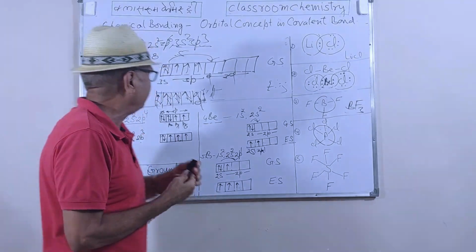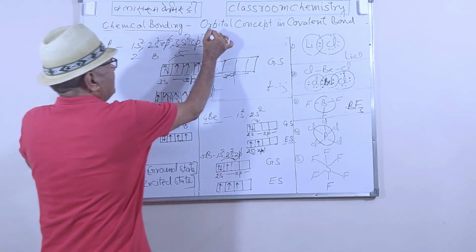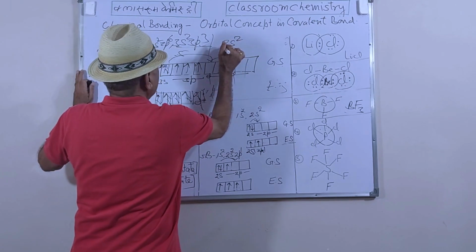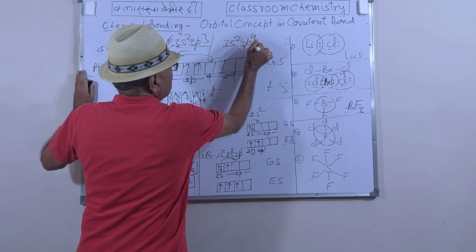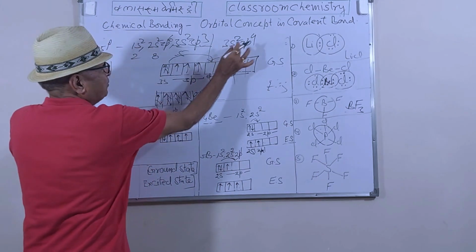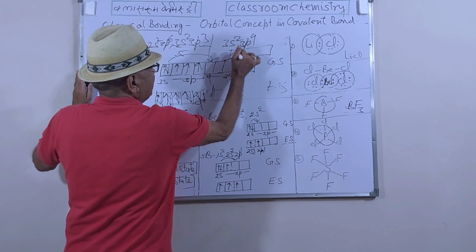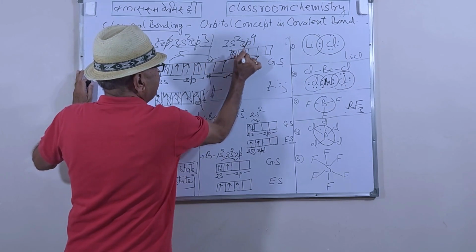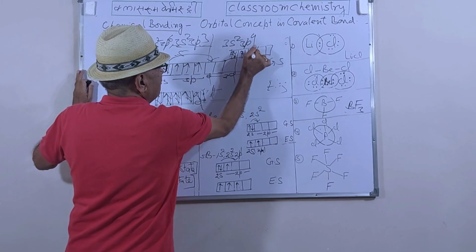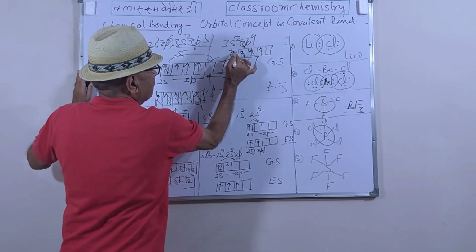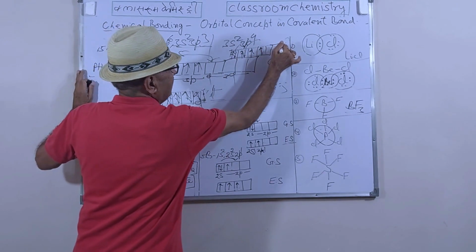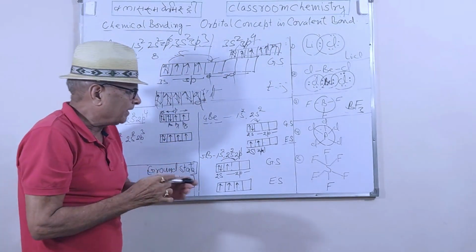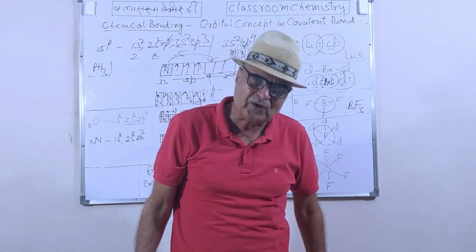In the same manner, for sulfur, you will write 3s2, 3p4. This is the electronic configuration. Both electrons will acquire this place, so there will be 6 unpaired electrons in sulfur hexafluoride.